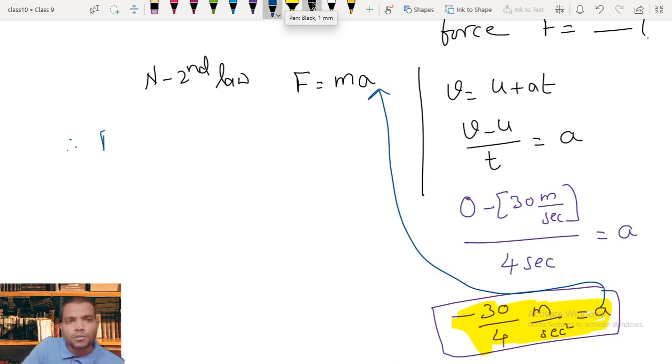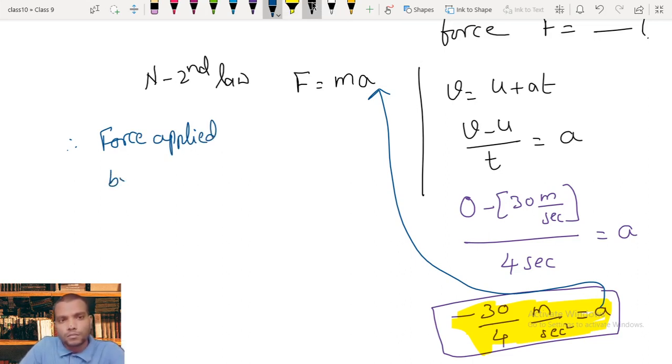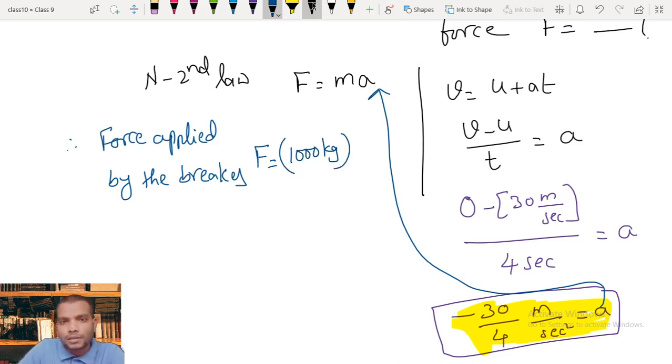Force applied by the brakes F equal to mass of the car 1000 kg times the acceleration, minus 30 upon 4 meter per second square.